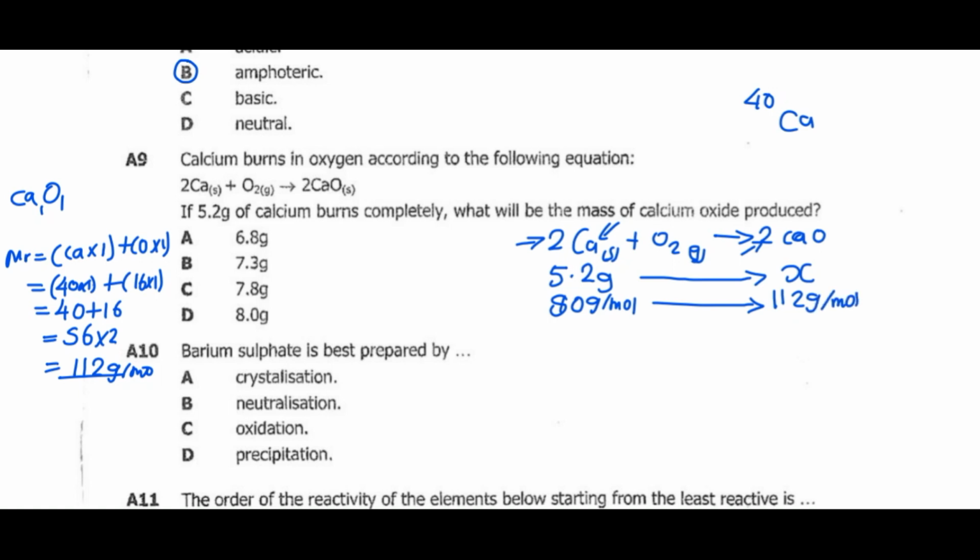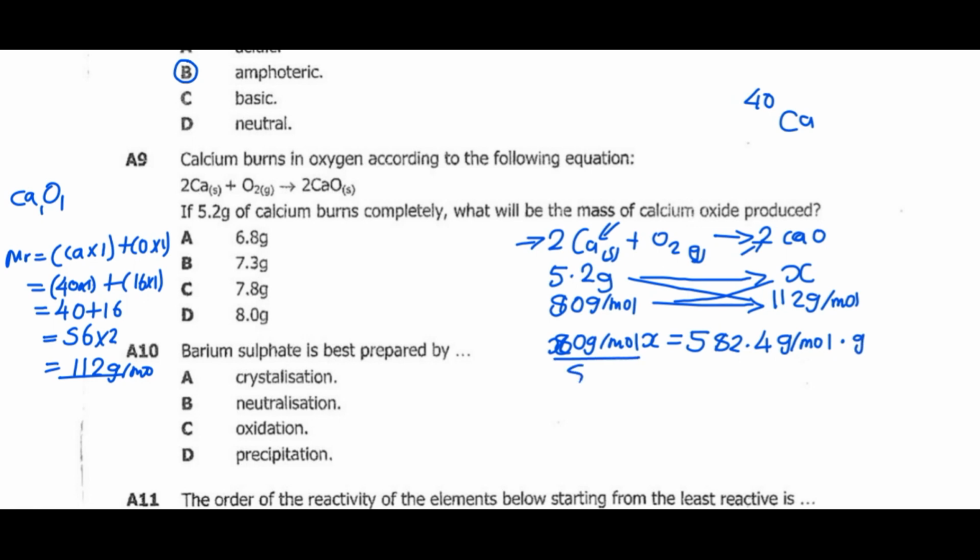Then after this, we can now cross multiply. So we have 80 grams per mole times X is equal to 5.2 times 112. So I'm getting 582.4 grams per mole, then times the grams.